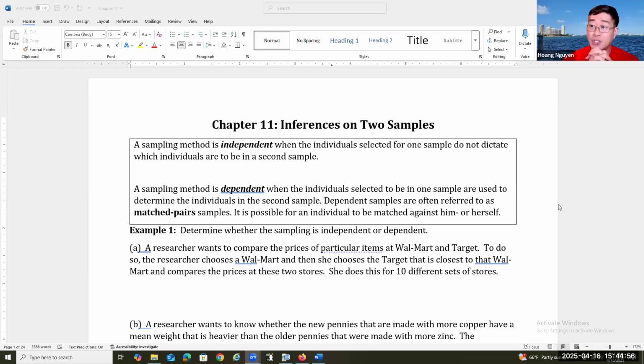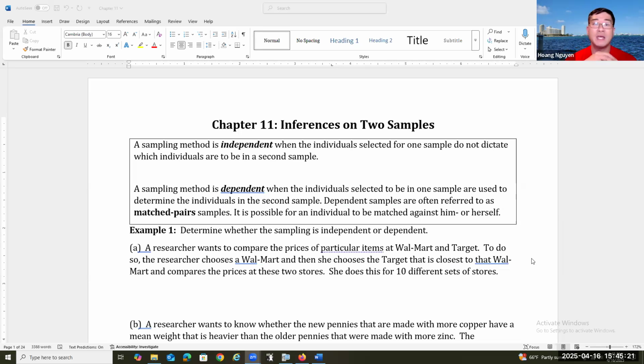Because we're going to use two samples, before we can move on, let's give you some definitions. When you're using two samples to compare two population parameters, the samples that we might use may be independent or dependent. So what does it mean for samples to be independent, or dependent?